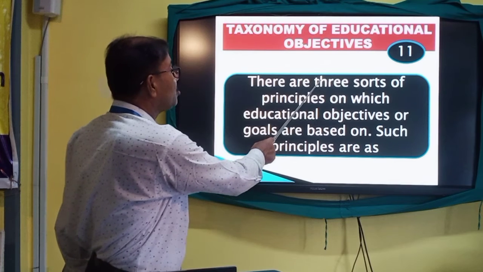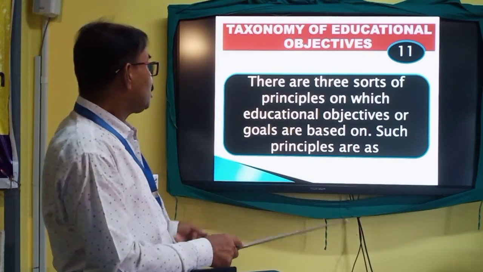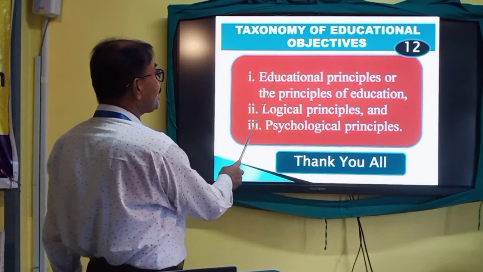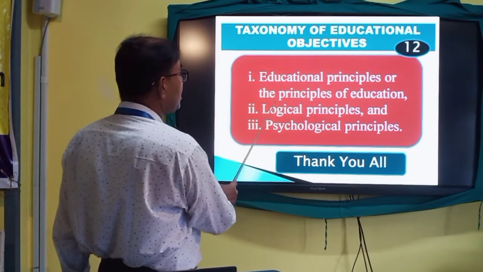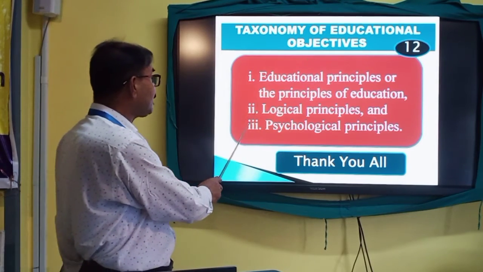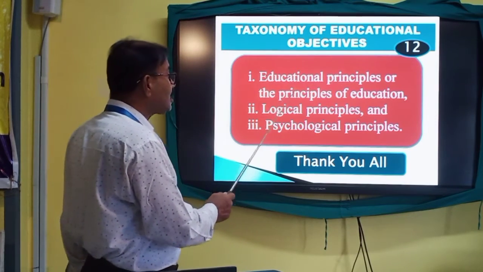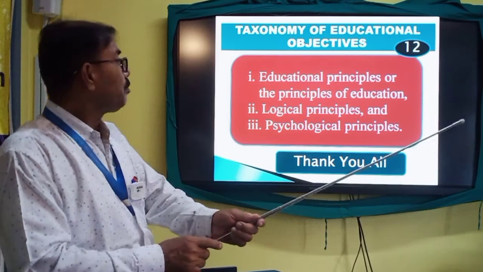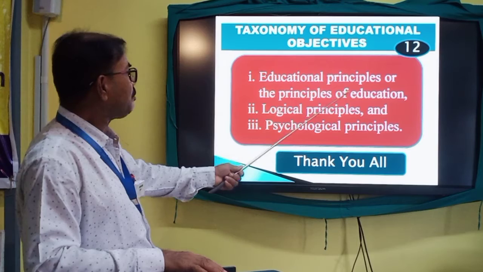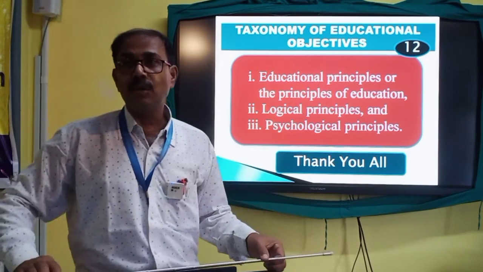Number one is educational principles, or the principles of education. Number two is logical principles. Number three is psychological principles. These are the three basic principles.